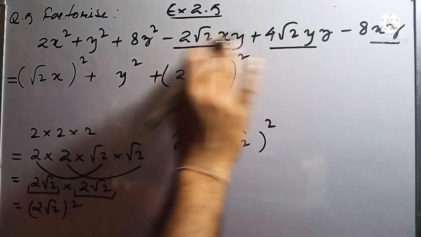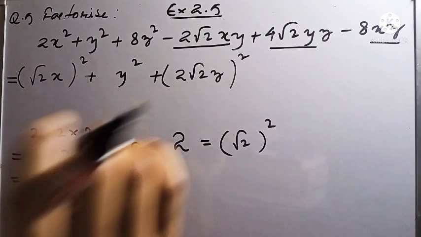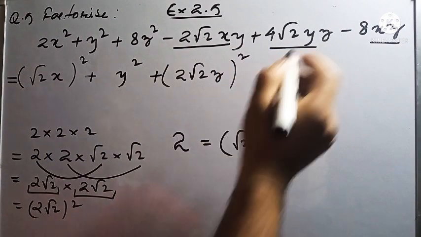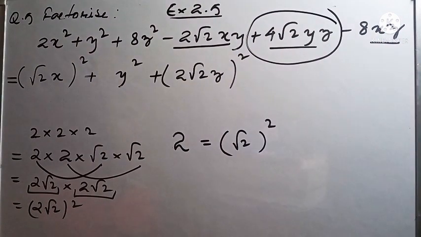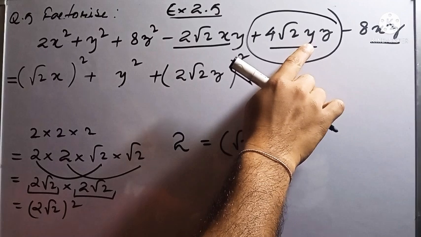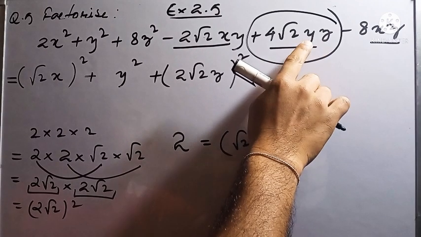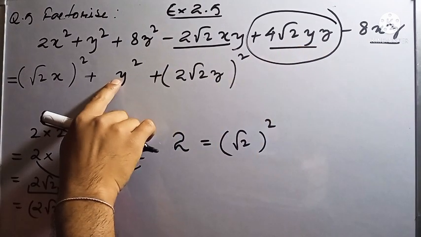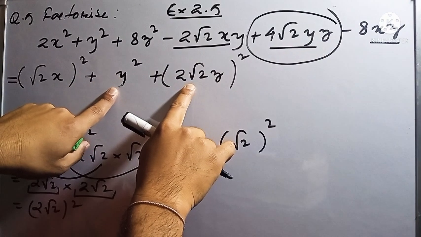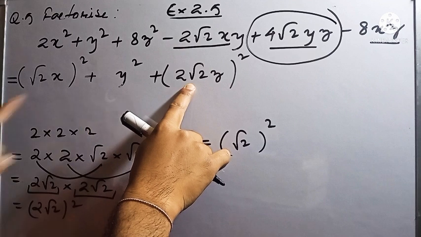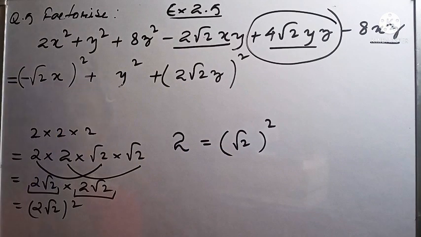Out of these 3 terms, which term is positive? I find here positive in this particular term. But in this term, I find both y and z. So this y will be positive, and this z will be positive. That means the remaining x will be negative. So let me put here minus.